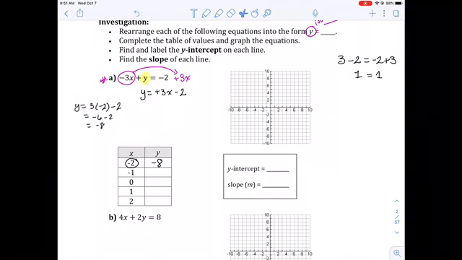When x is equal to negative 1, I get 3 times negative 1 minus 2, which is negative 3 minus 2. So y would be equal to negative 5. Okay, and let's do one more here, and then we'll see the pattern quite clearly. When x is equal to 0, 0 minus 2 is negative 2.